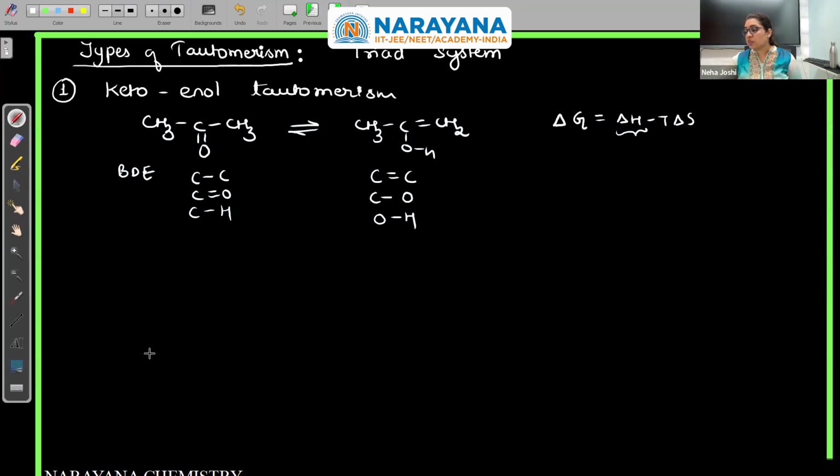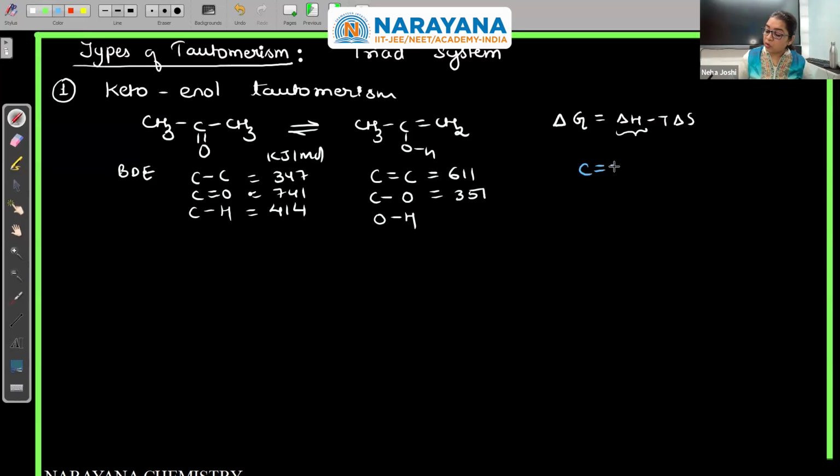Now, what is the energetics? What is the value? C-H is 414, I'm talking in kilojoules per mole. 414 kilojoules per mole. C-C is 347 and C double bond O is 741 kilojoules per mole. Here C double bond C is 611. C single bond O is 351.